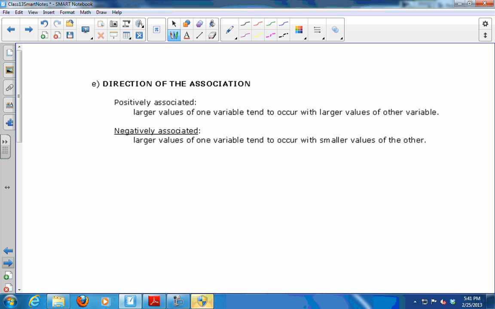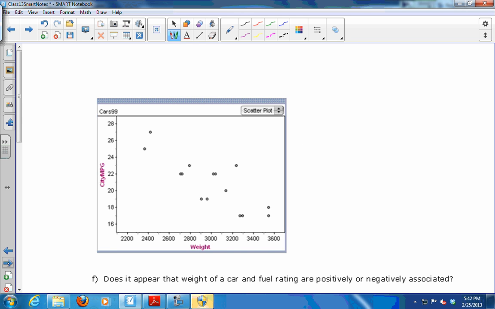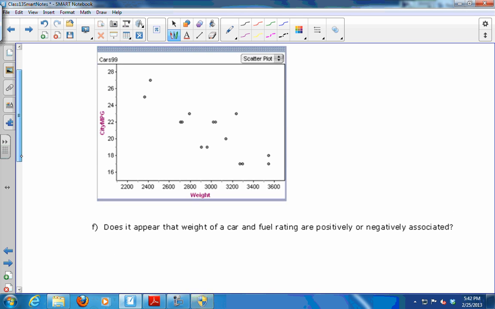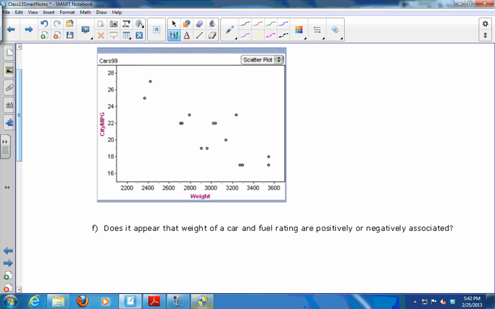So positively, as one goes up, the other goes up. Negatively, as one goes up, the other goes down. So does it appear that the weight of a car and fuel rating are positively or negatively associated? Negatively. As weight goes up, fuel rating goes down. So this is negatively associated.